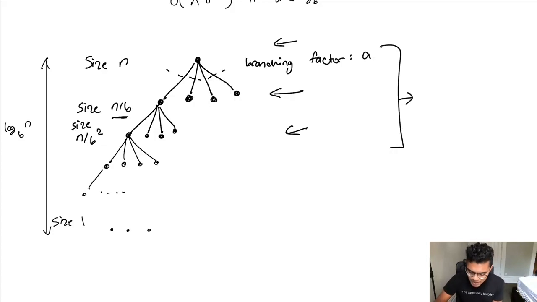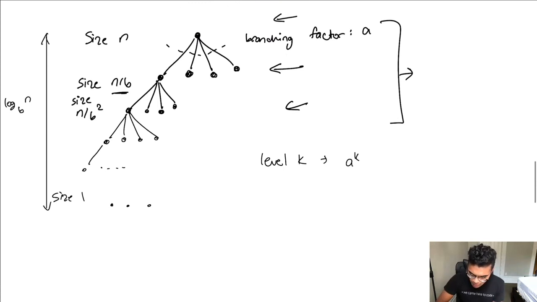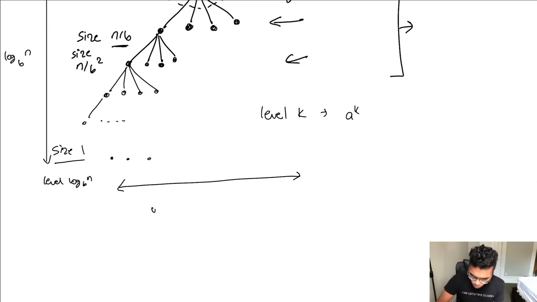So at level k, we would have a^k nodes. The size 1 level would be level log_b(n), so at the very bottom, the width of this graph would be equal to a^(log_b n).